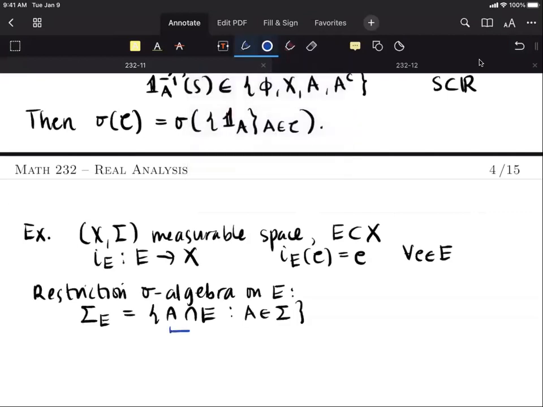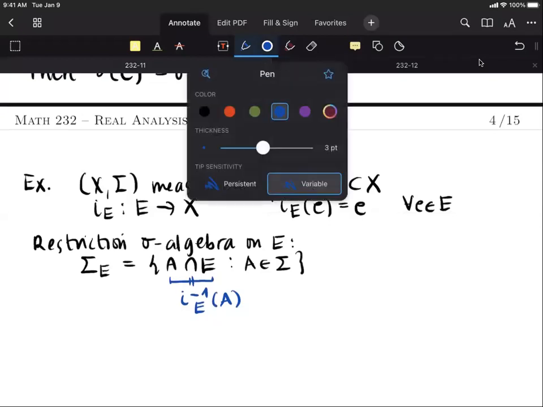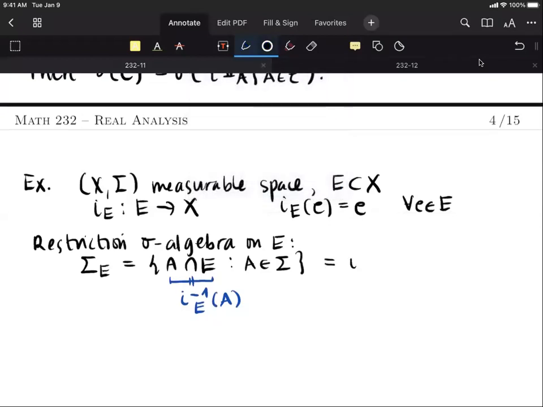But then you can see immediately that this is the inverse image of A under the canonical injection I sub E. So therefore, this is the same as the inverse image of the sigma algebra, sigma. Since this is a sigma algebra, this is equal also to sigma of I inverse sigma.